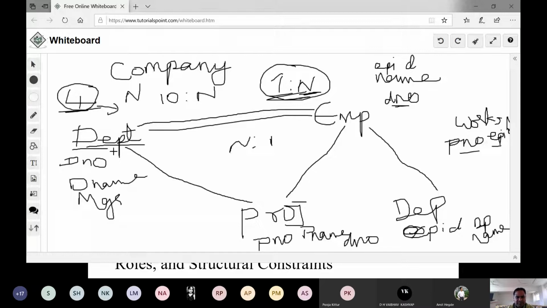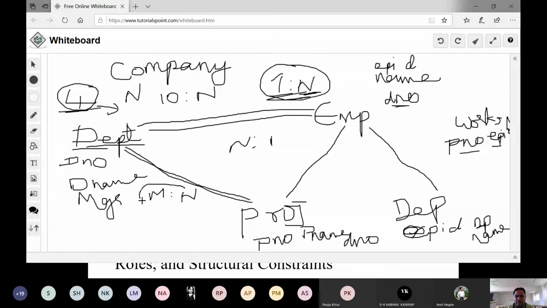Now, one more thing. When it comes to project and department, at least some projects will be associated with a department, and our department will control projects. At least some m number of projects are controlled by n number of departments.